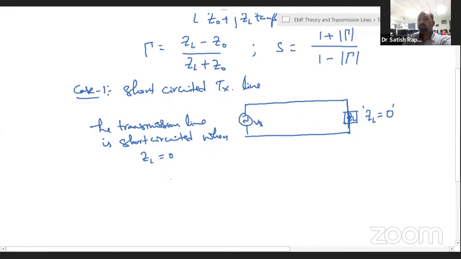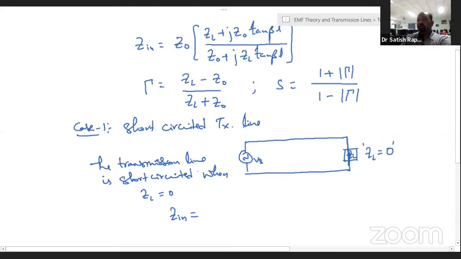When ZL is equal to 0, what is the input impedance of a short circuited transmission line? We have the formula, so in this formula substitute ZL equal to 0.